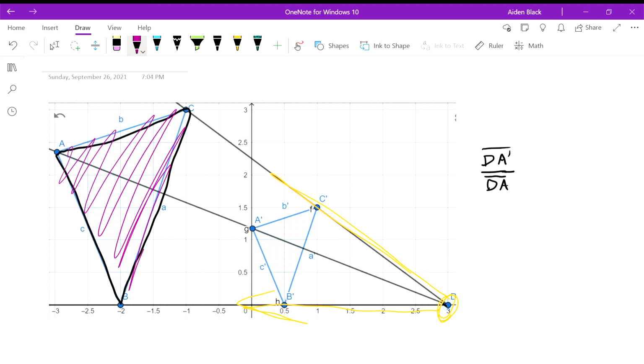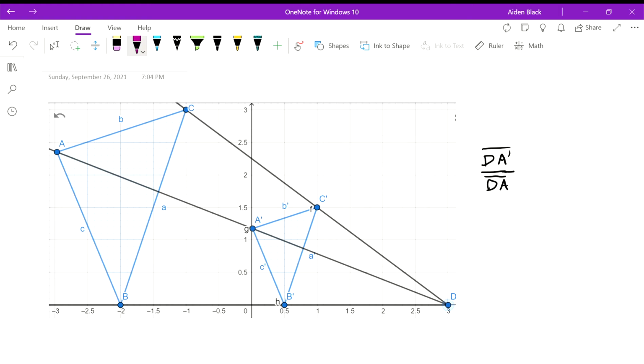But in this case, our image is the smaller one. How do you know that? Because it's A prime, B prime, C prime. So the prime tells you it's been transformed. The shape's been transformed if there's a little apostrophe there.